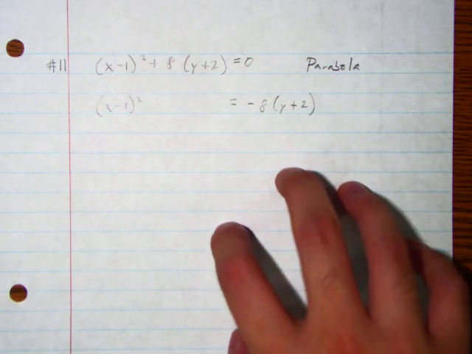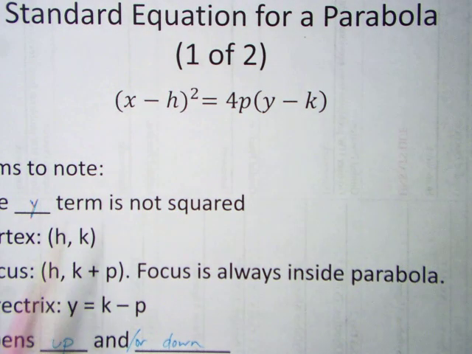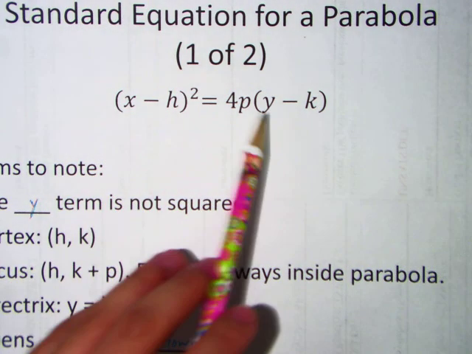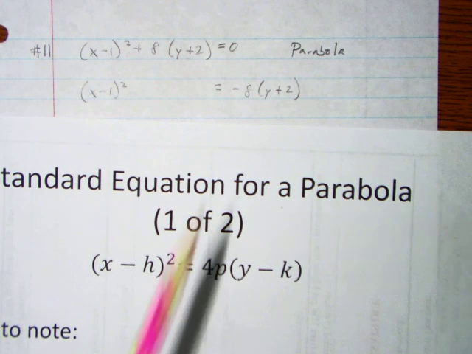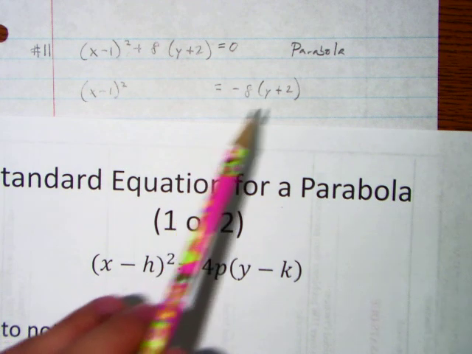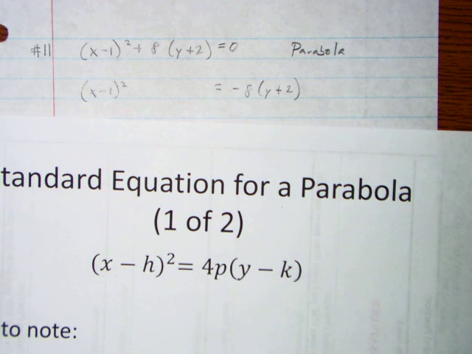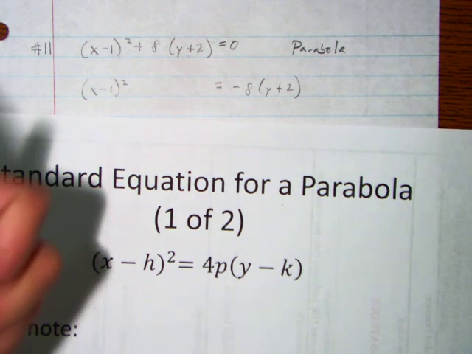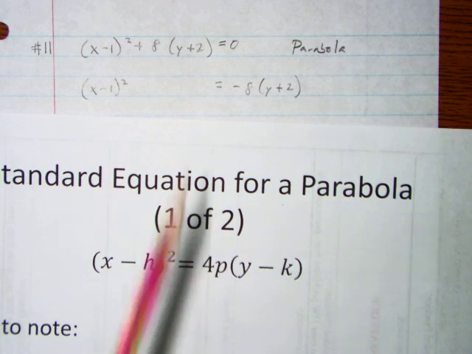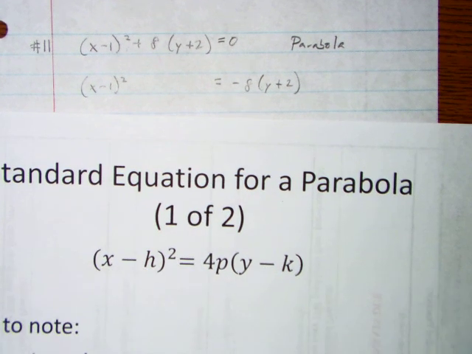Now let's take a look at our standard equation. We now got the x squared on one side, and look at that, it looks almost like that. We have 4p times y minus k, here negative 8 times y plus 2. We got that y plus 2 by itself. The coefficient of the y is 1, which is what we want. But now we need to find the p.